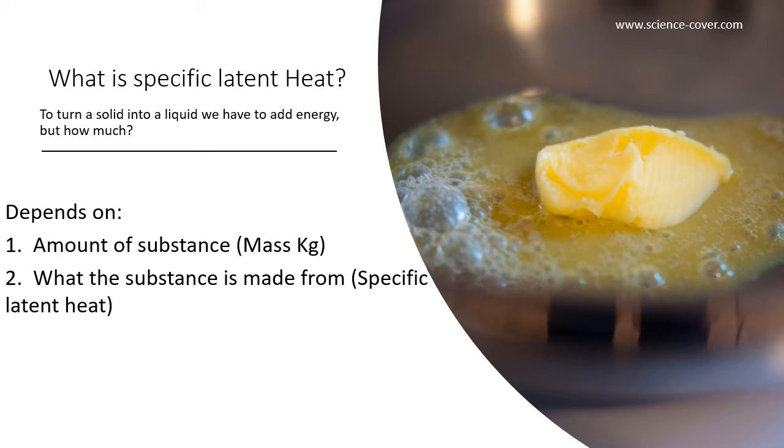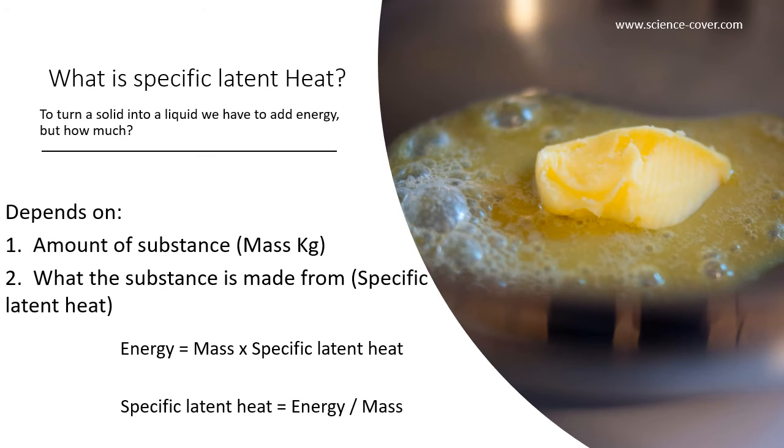Now this is in science what we refer to as the specific latent heat. It's a value that's assigned to the material itself that tells us how easy or difficult it is to turn that material from a solid into a liquid. Since we need to assign a number, we have to calculate that number. We can do that by using the equation energy is mass times specific latent heat.